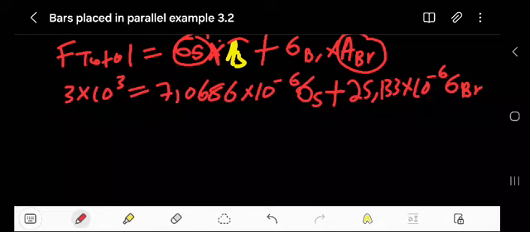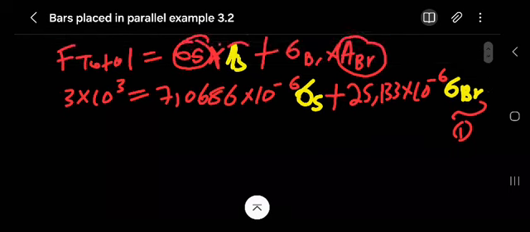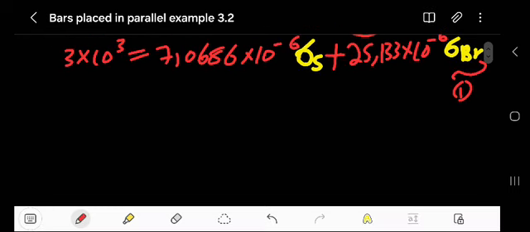So what can we do? We have two unknowns. In maths, if you have two unknowns, then you cannot do anything. I can call this, for argument's sake, equation 1. What do we know? We use what we know. We also know, because they are parallel, the extension of the steel, the change in length of the steel, must be the change in length of the bronze.